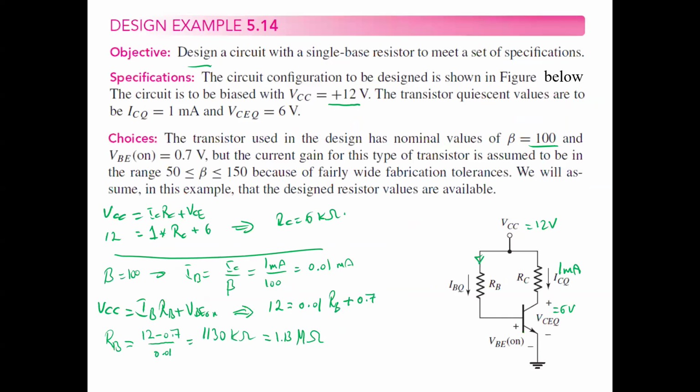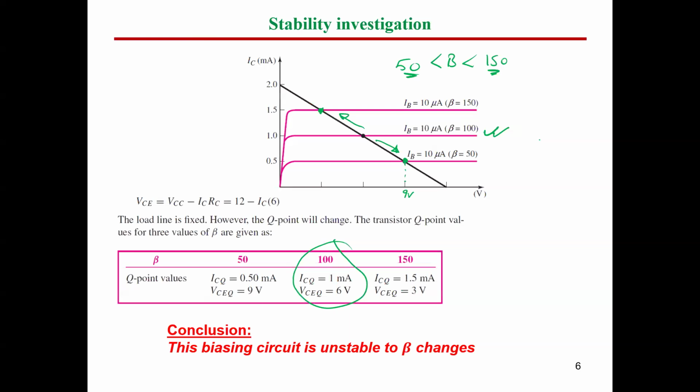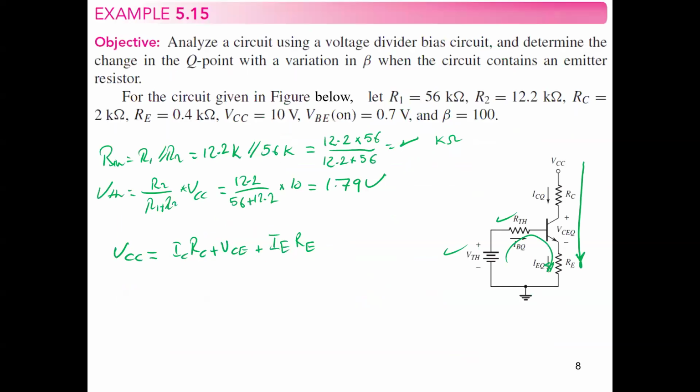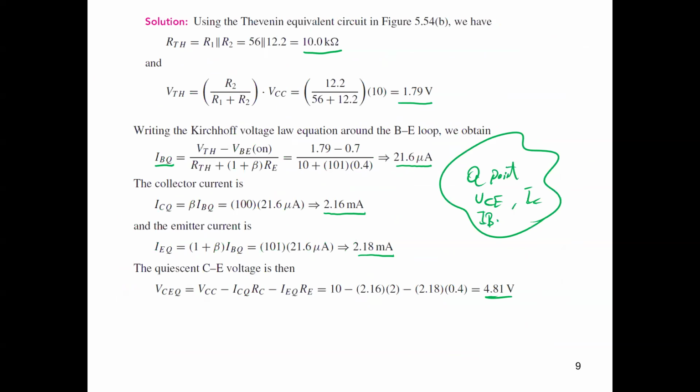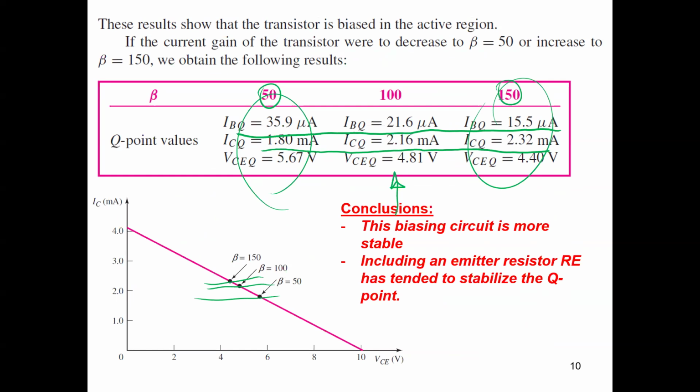The second technique is the voltage divider resistor, along with using an emitter resistor. And we could find that the first circuit is not stable to the change in the current gain beta. However, the second circuit is stable to the changes in the current gain beta, okay? And if we use the emitter resistance in the circuit, this will keep everything stable.